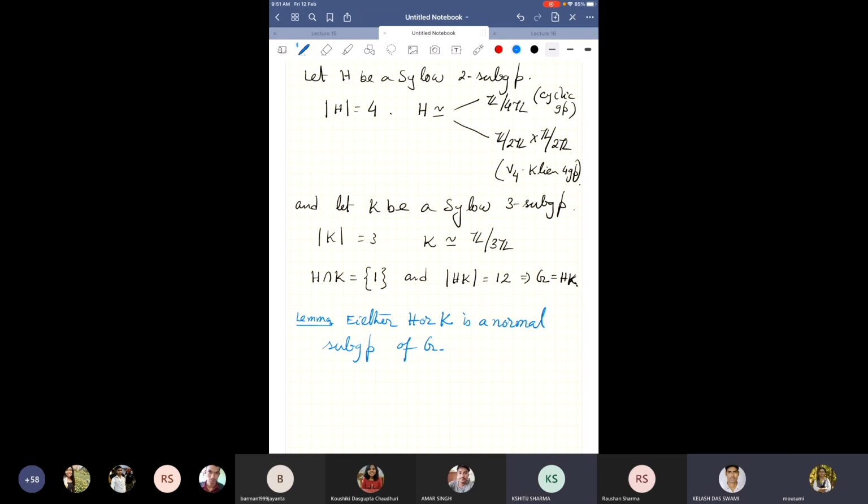Unique. If H is normal, then the number of Sylow 2 subgroups is 1. So that means simultaneously I cannot have 3 Sylow 2 subgroups and 4 Sylow 3 subgroups. One of them has to be equal to 1. So let us see why.